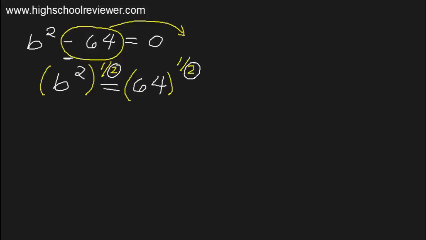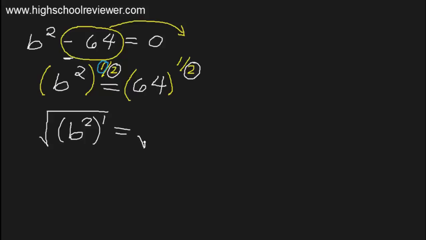So since 2 is the root, this will be the square root. Our base is b squared, and the numerator of the exponent is 1, so this will be b squared raised to 1.